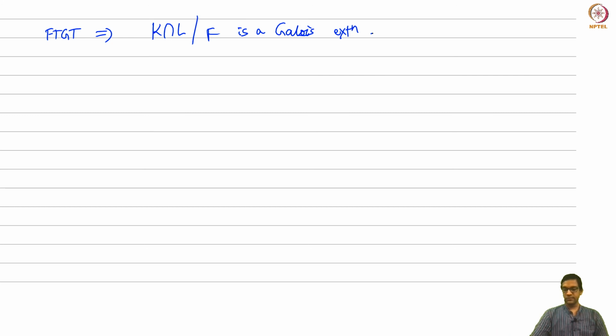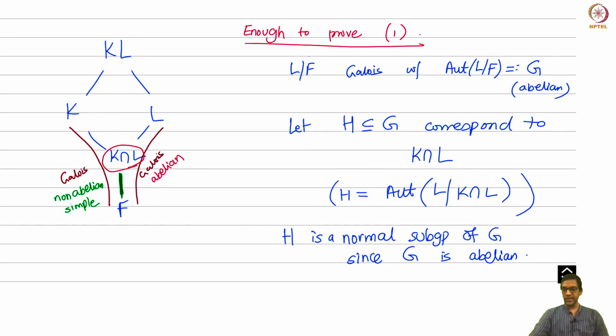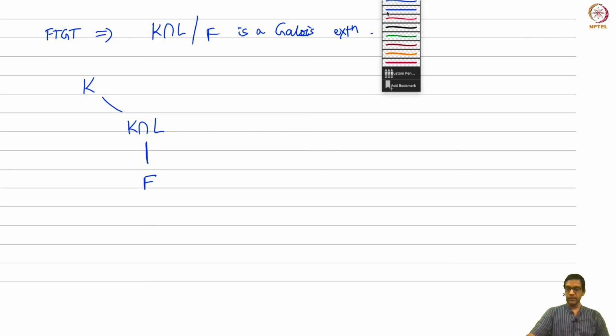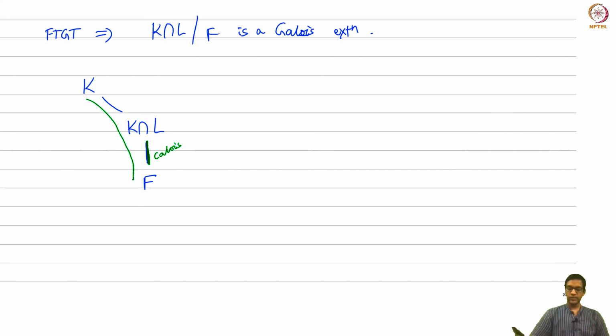But let's just for the moment do the same thing from the other side. So let's look at the other one, which was K over F is Galois. So let's consider that leg of the diagram, K intersection L over F. I already know that this whole thing is Galois.